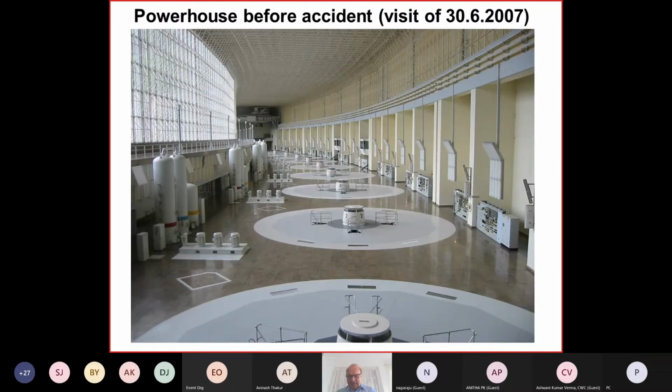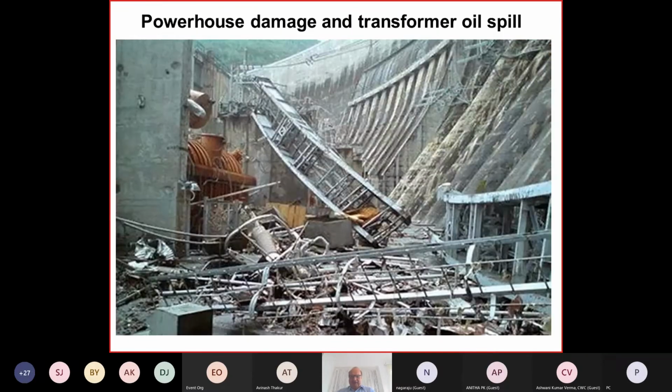So this is a picture I have taken here. You see, the powerhouse looks quite nice. It's a little curved. That is when I was there in 2007, but the accident occurred in 2009. And you can see here, this is the accident.